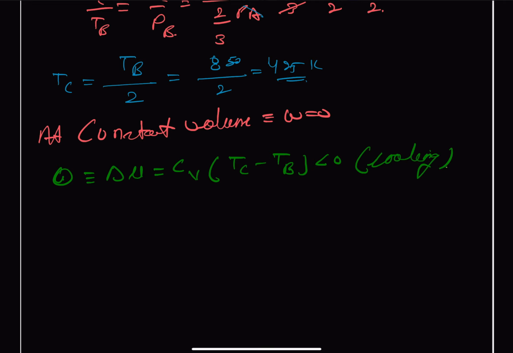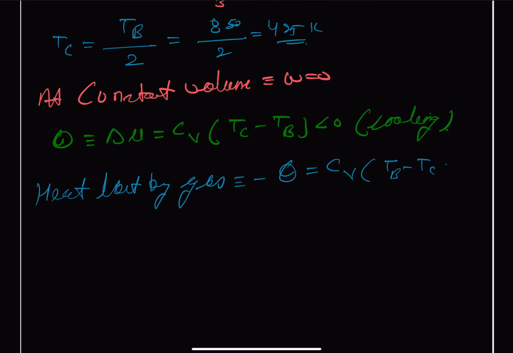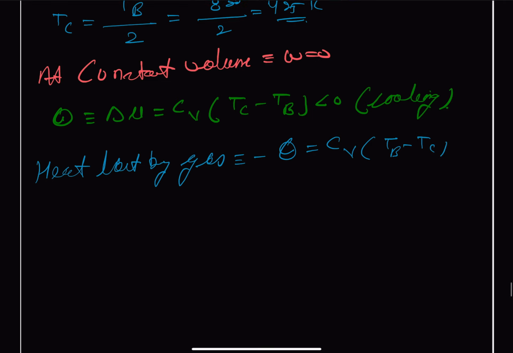So heat lost by the gas will be equal to minus Q, which is equal to CV times TB minus TC, which is simply multiplied.